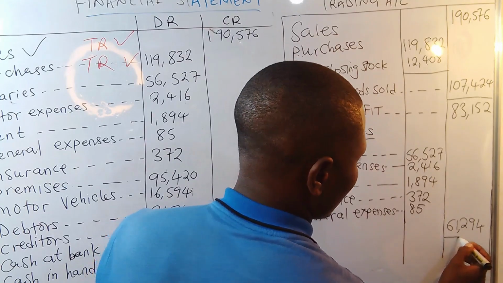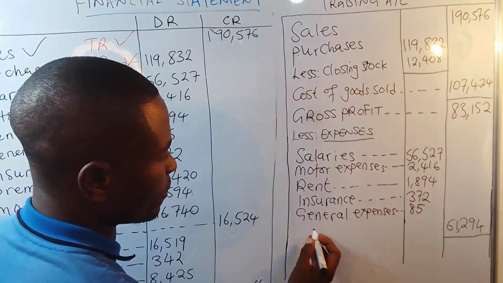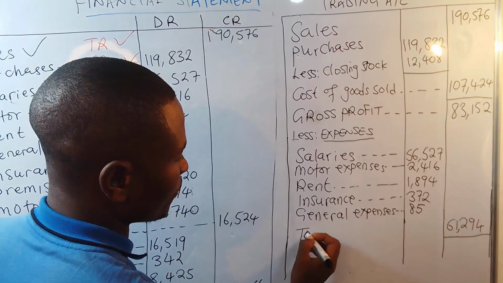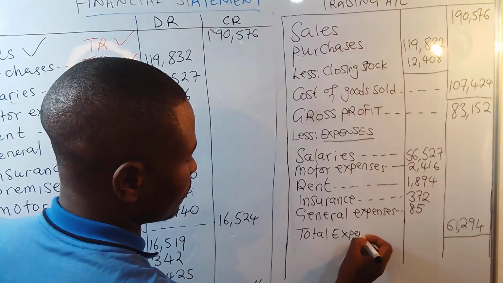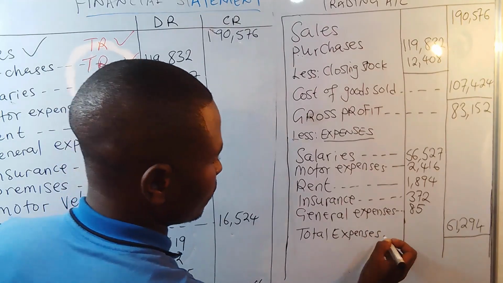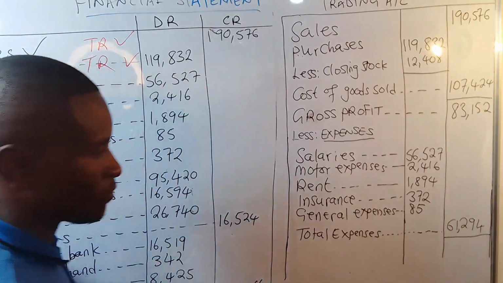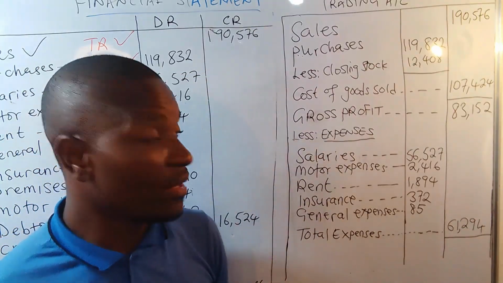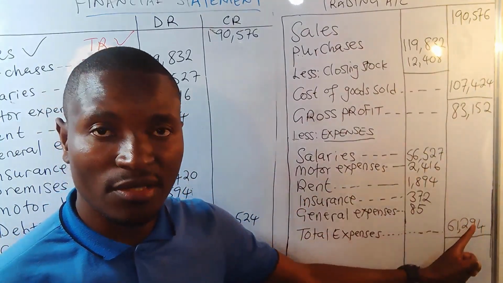okay, so we need to underline this. Okay, so now this value is normally called a total. So now you can see that we need to subtract now this value minus this value.